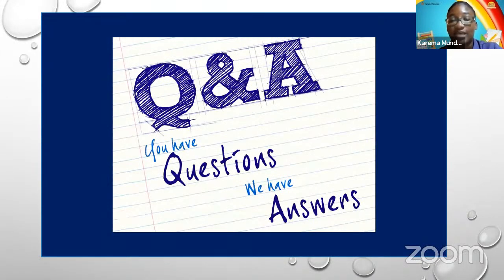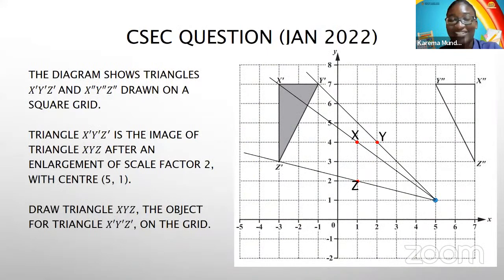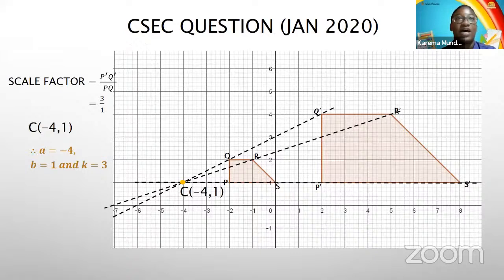Yes, I saw Shanice Brown's question: how do you find the enlargement with one shape? Now remember, if an enlargement has already taken place, then the object and image would be present for you to find other things about the enlargement. For example, in this question the enlargement was already done, and you are asking for specific things such as the scale factor or the center of enlargement.